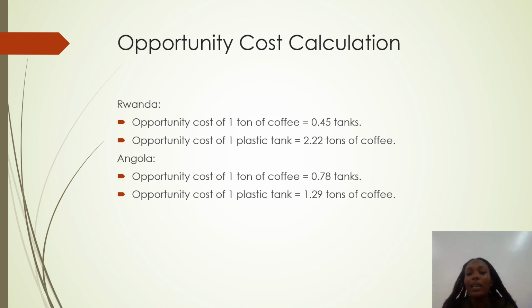So we see that in producing water plastic tanks, Angola doesn't use as many resources as Rwanda. On the side of Rwanda, it doesn't use many resources in producing coffee, but Angola uses many, and vice versa for the water plastic tanks. Rwanda uses many resources, whereas Angola uses few.